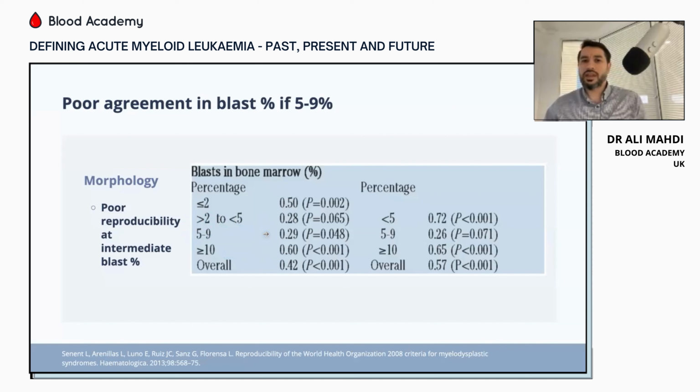So that tells us that, generally speaking, if you have a low blast percentage or a blast percentage of more than 10%, most people, assuming that we could report to these experts' standards, could agree whether there is or isn't any significant disease. In between that, it's very difficult, even amongst expert hematopathologists, to agree on that percentage.